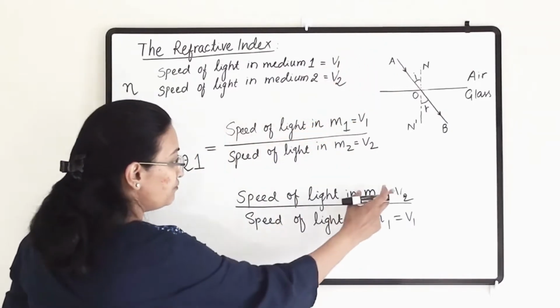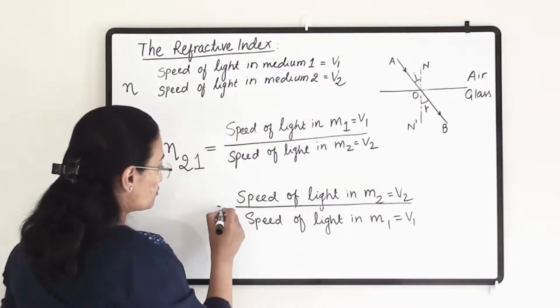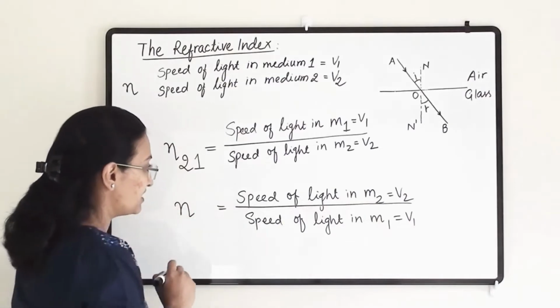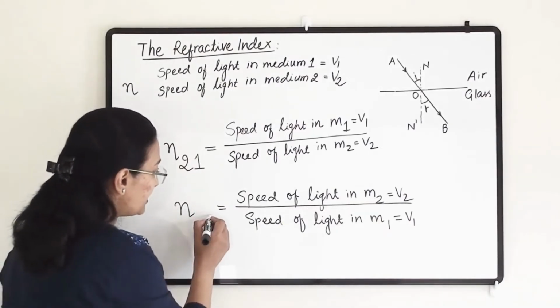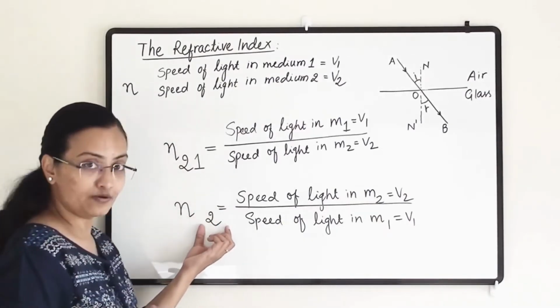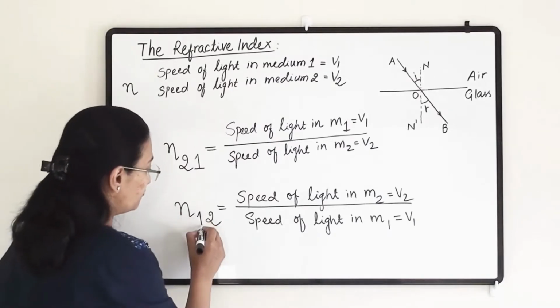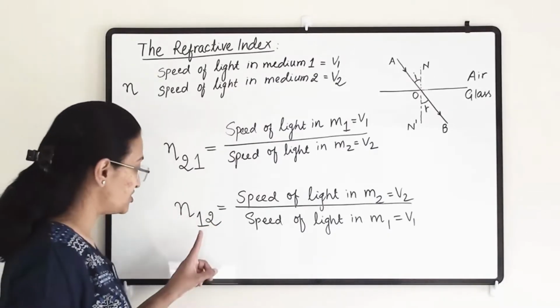That is V2 divided by V1. So here we take medium 2 as the reference and find for medium 1 how much it is bent.